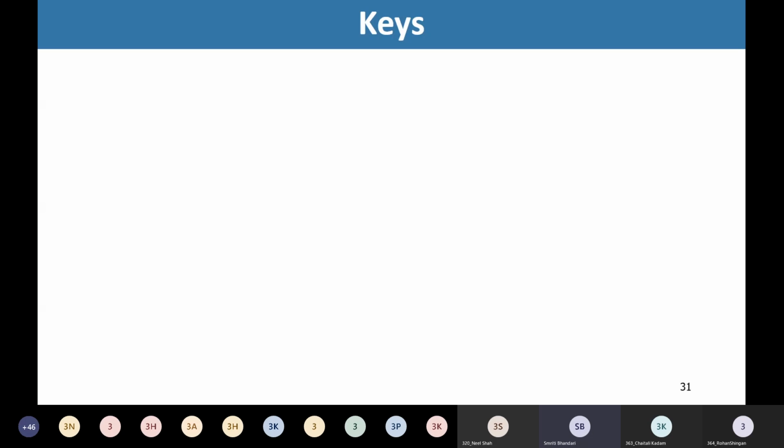So we should come up with some attribute or set of attributes that actually help us to uniquely identify individual tuples that are stored in my relation, right?